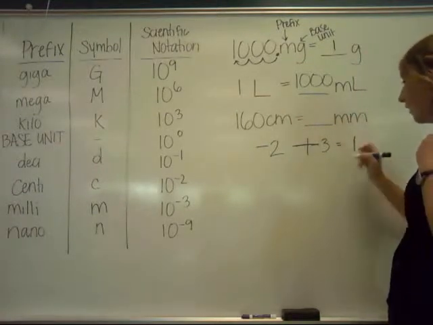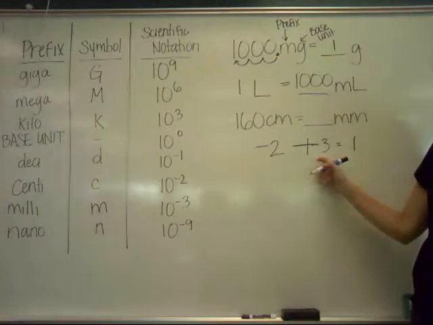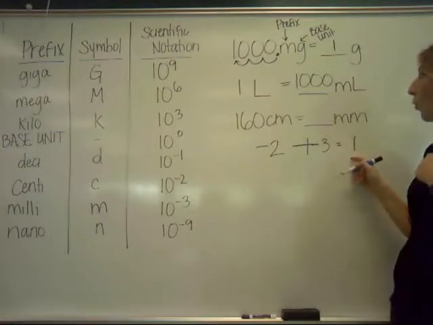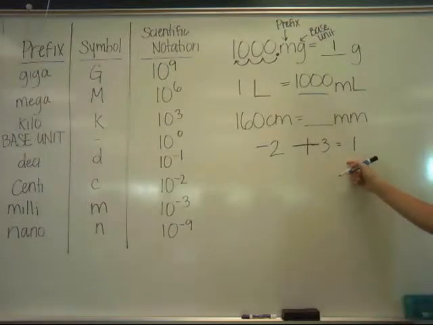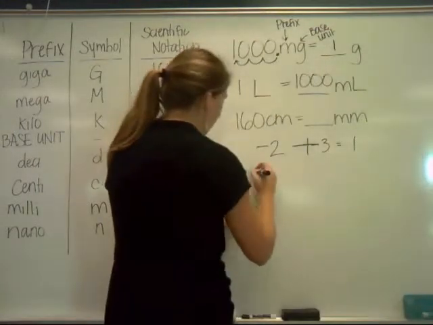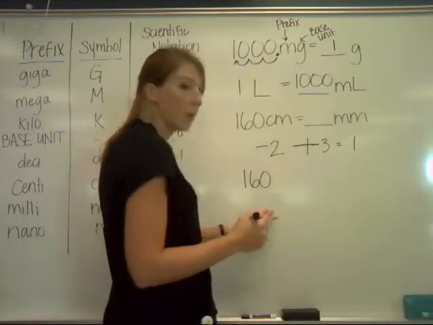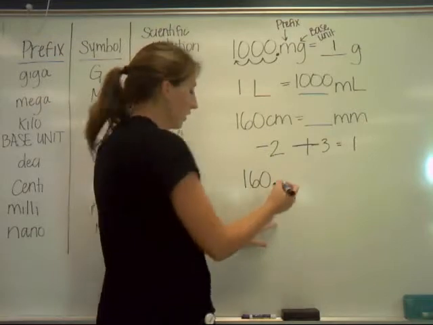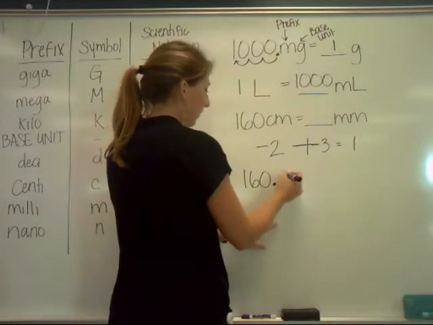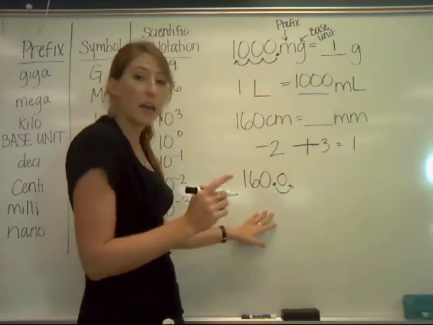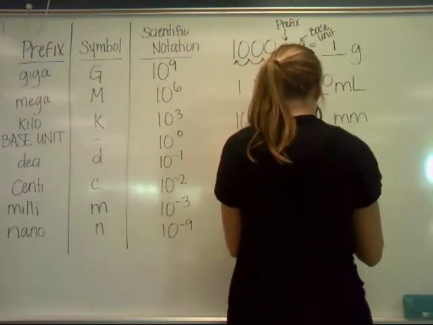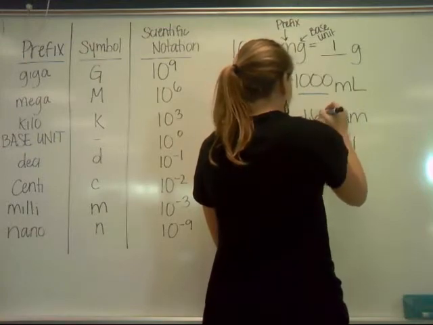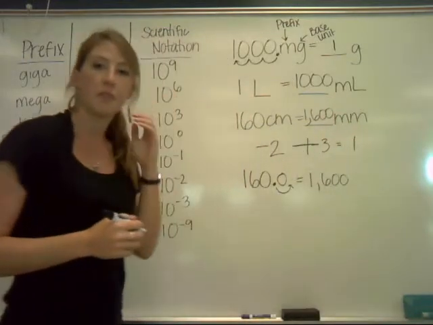So that's -2 plus 3 gives me 1. That means I need to move 1 space to the right. Okay? So I'm going to take this 160 with my imaginary decimal place. And all I have to do is move 1 space to the right. So that means my answer is 1,600. It's as simple as that.